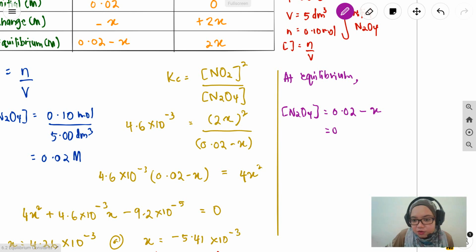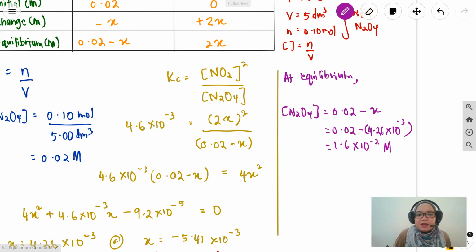So 0.02 minus 4.26 times 10 to the power of negative 3. So you will get the concentration is 1.6 times 10 to the power of negative 2 molar. And for the concentration of NO2 gas, you will get equals to 2x.